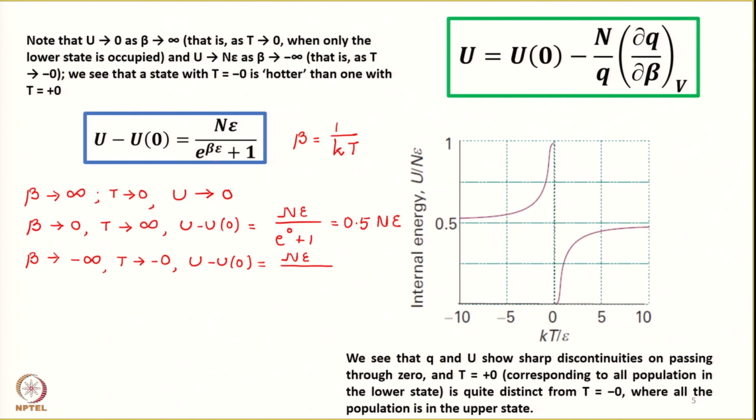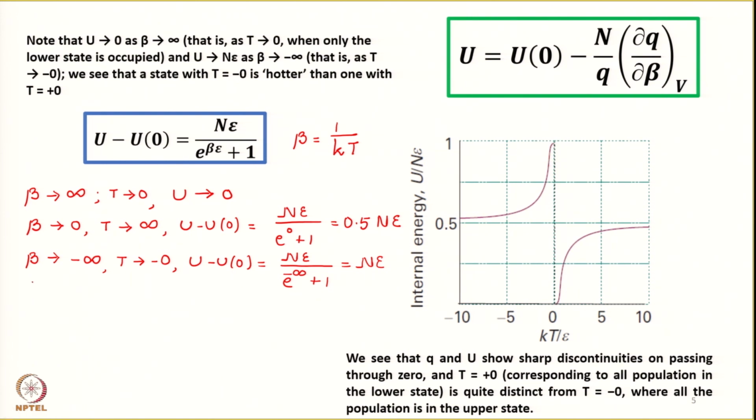When beta is minus infinity, exponential minus infinity becomes 0, right? So this is equal to N times E. That means U divided by Ne will approach a value of 1. That's what you see here.